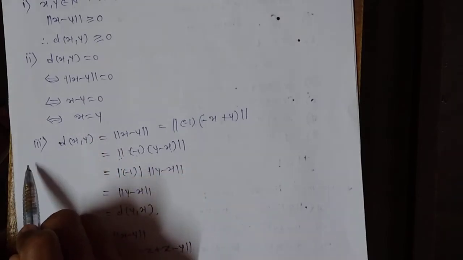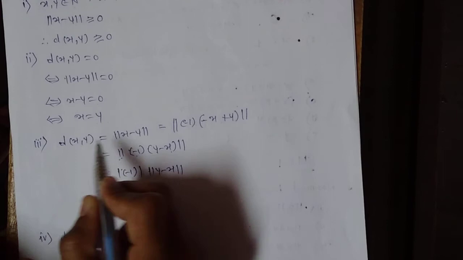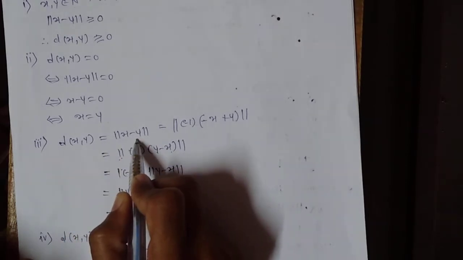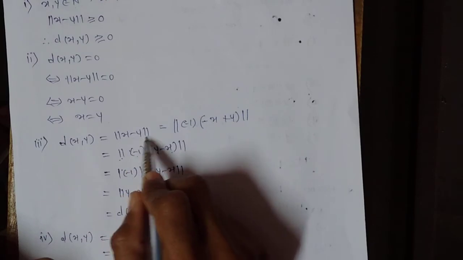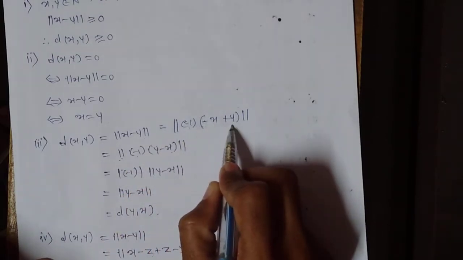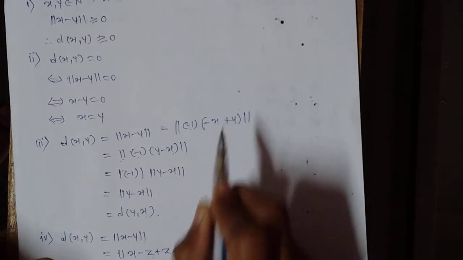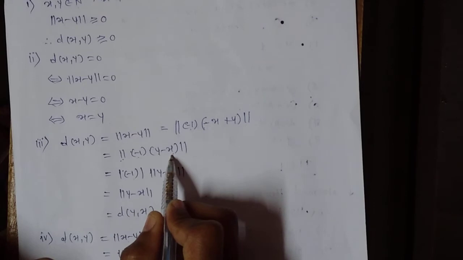The third property is commutativity. Consider the distance between x and y, which is equal to the norm of x minus y. Take minus common, so it will be minus 1 into y minus x.